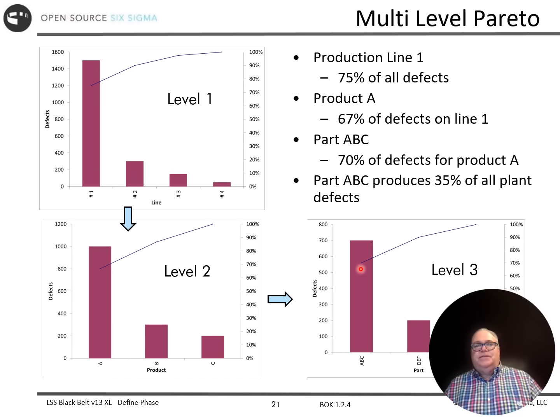So if I was to focus on the issues with part ABC, by itself it is 35% of all the defects. That's a good place to start. One fix gets me 35% of the way to zero defects. So in many cases, we can cascade the Pareto chart to get to an even more actionable level, just like we did with our tree diagrams earlier in this section.